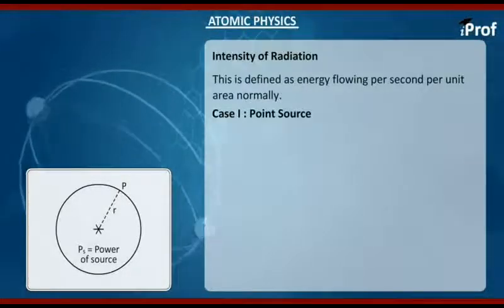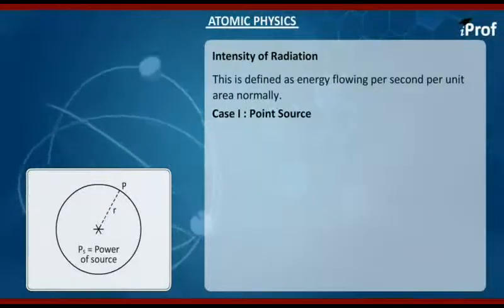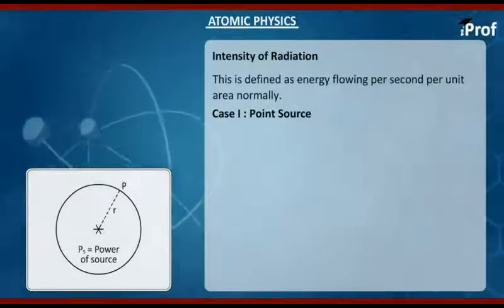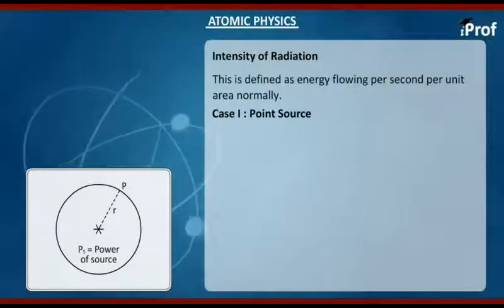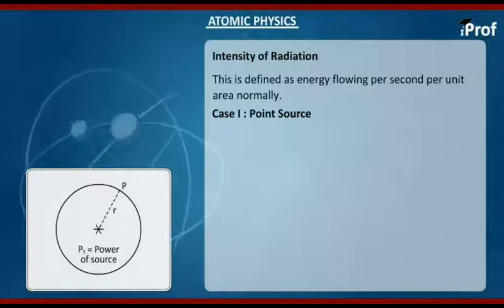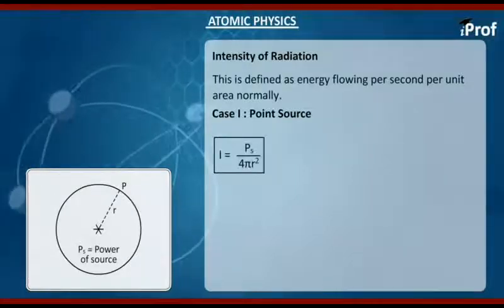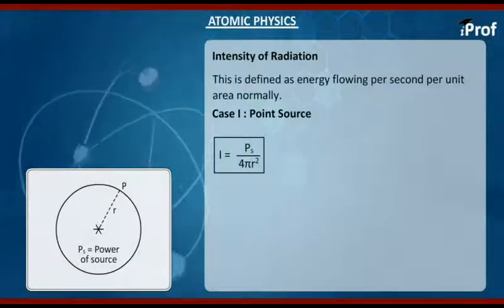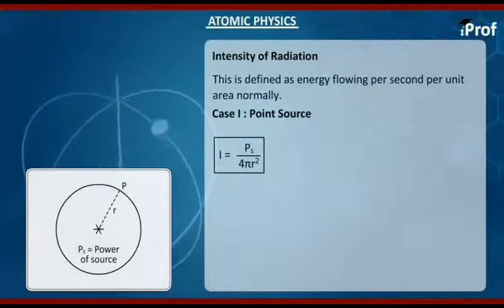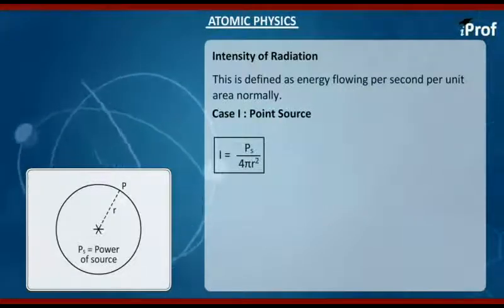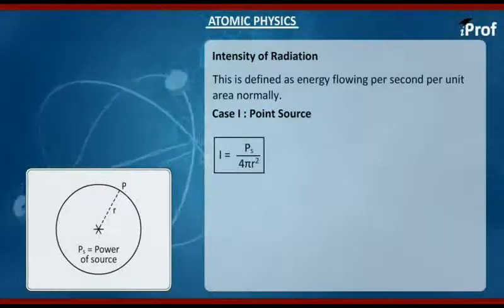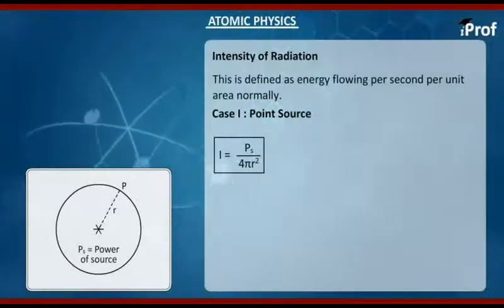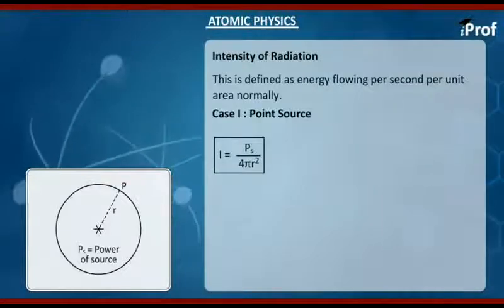If we imagine a unit area around the point P where we are interested to calculate intensity, I can write the expression for intensity as I equals P, where P stands for the power of the source, divided by the surface area of the sphere, where this entire energy, that is 40 joule, is falling normally. So intensity I will be equal to P over 4 pi r squared.